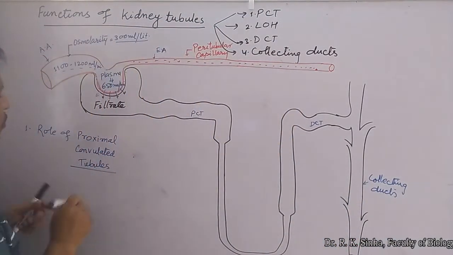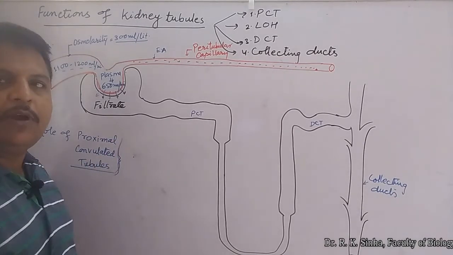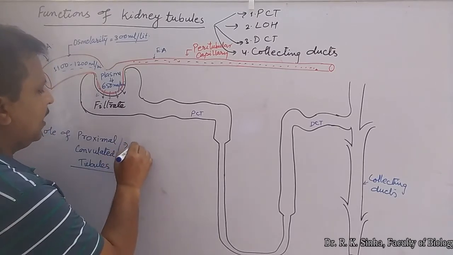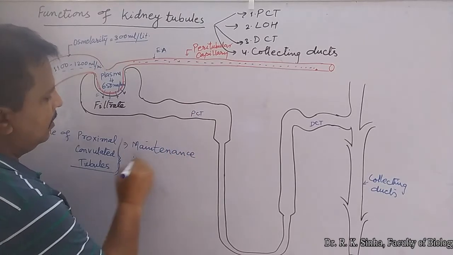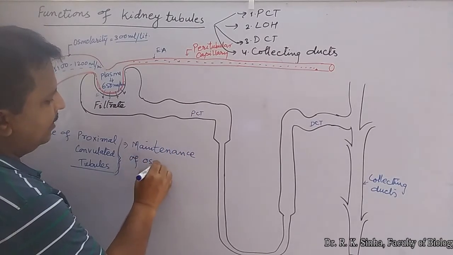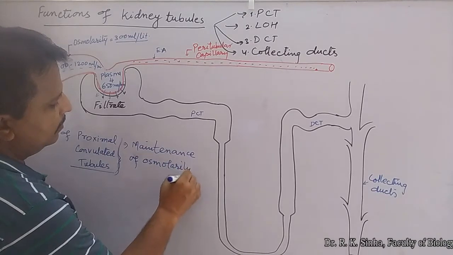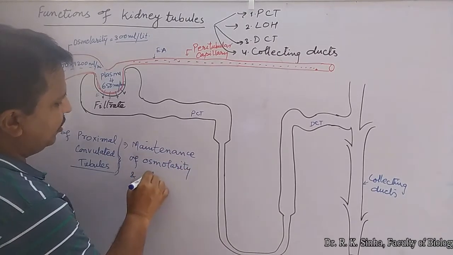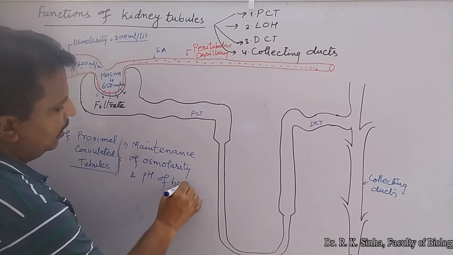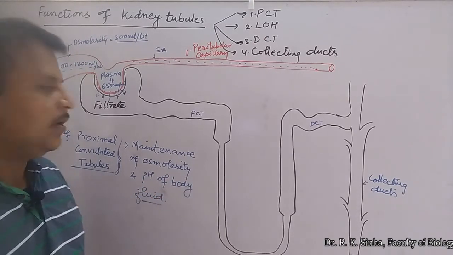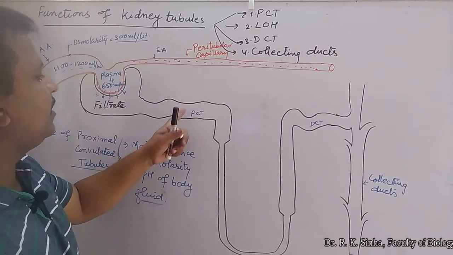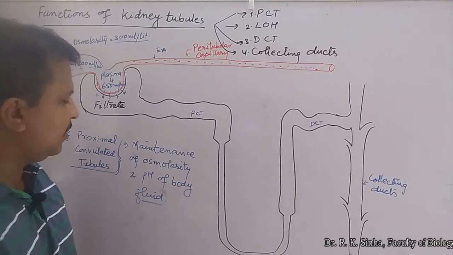So there are two important functions of this proximal convoluted tubule: maintenance of osmolarity and pH of body fluid. This is the main function of this proximal convoluted tubule.